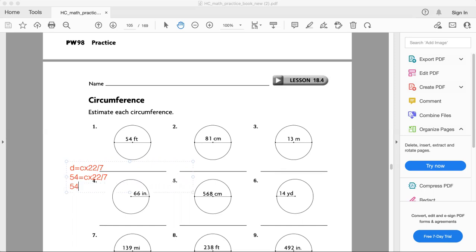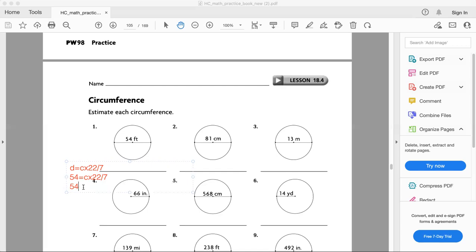Ma'am, we have to multiply 22 and 7. Yes, how? If you bring 22 by 7 to the left hand side, how will you multiply 22 by 7? The answer is 154.